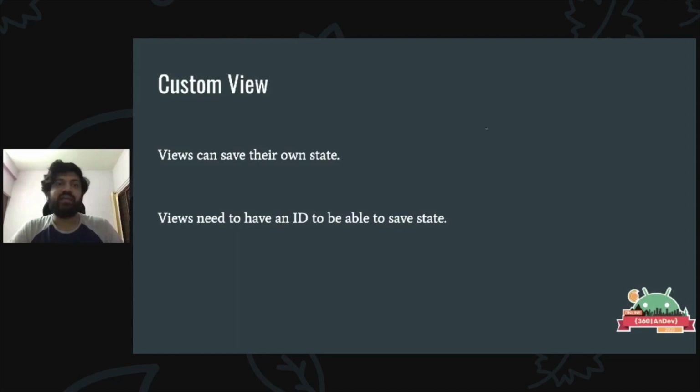The way I came across this was a few hours of debugging initially, where I tried showing an example to someone who was new to Android. I tried showing him that if you have an EditText and you enter text, then rotate the device, you will lose the text that you have input. That is one of the most common use cases we have seen when we started developing for Android.